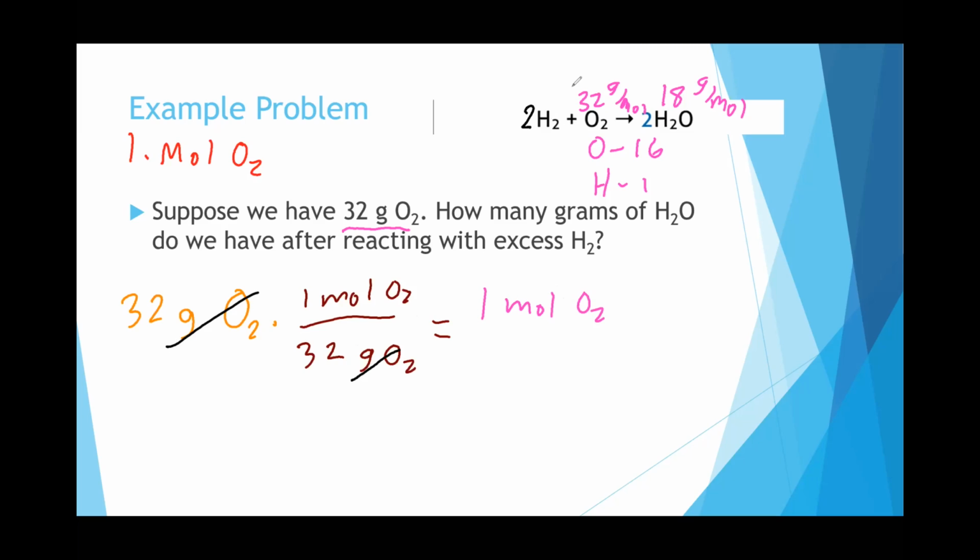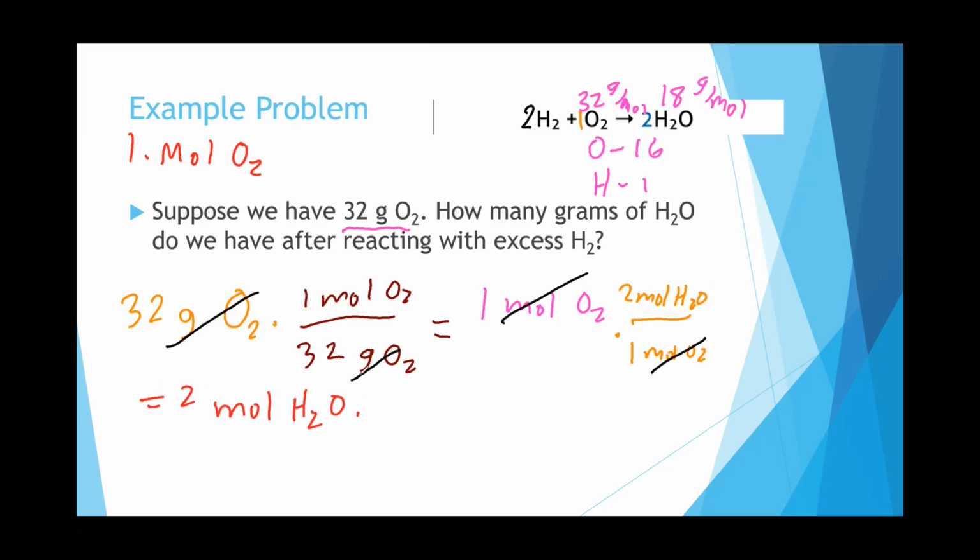And then the 1 mole of oxygen, you need to convert moles of oxygen to moles of water. And it's a 1 to 2, 1 mole of oxygen, 2 moles of water, because that's the balanced equation, a 1 to a 2. You cancel out the moles of oxygen and you get 2 moles of water.